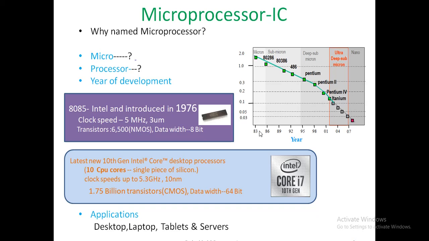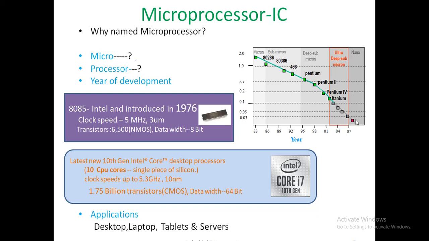Initially in the 1980s they used micron technology. Later came submicron and deep submicron, which comes around 100 nanometer, then ultra deep submicron with 50 nanometer and 30 nanometer technology.